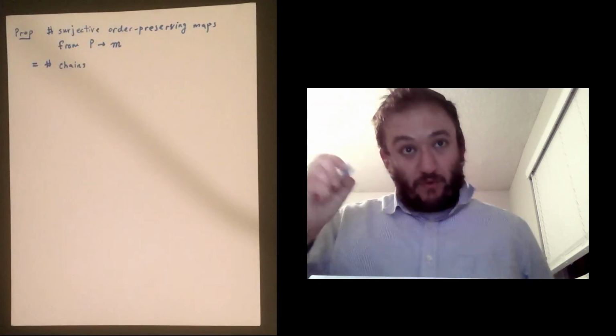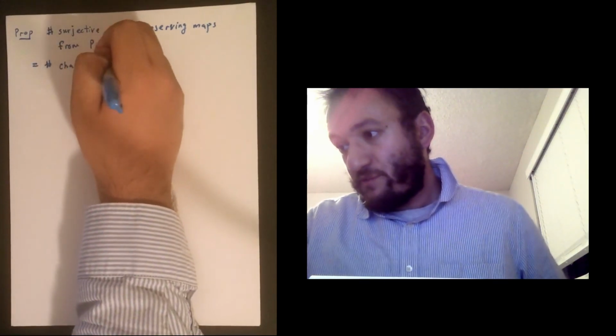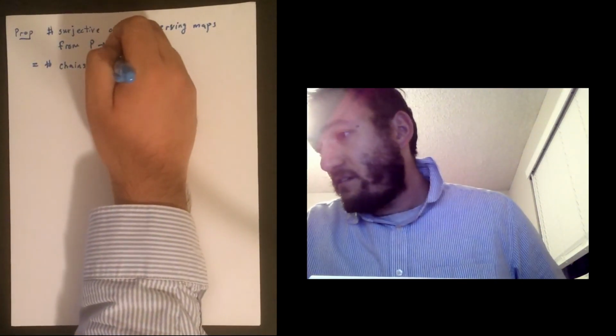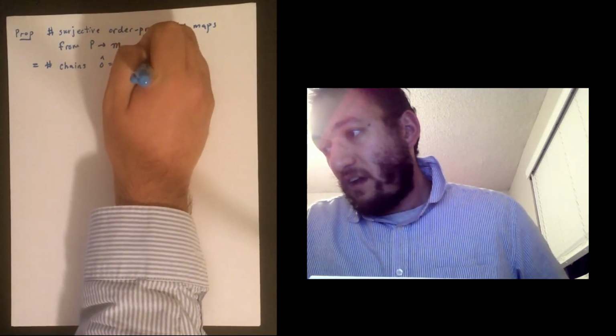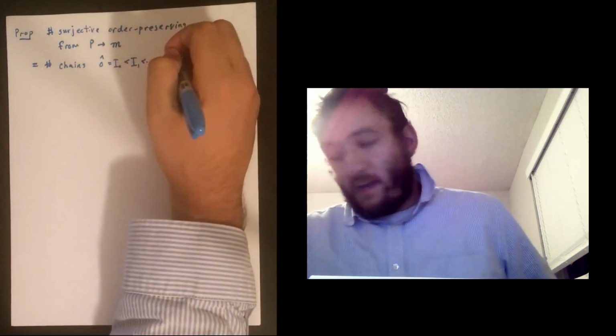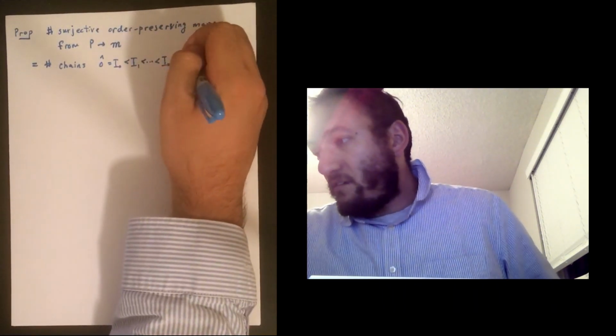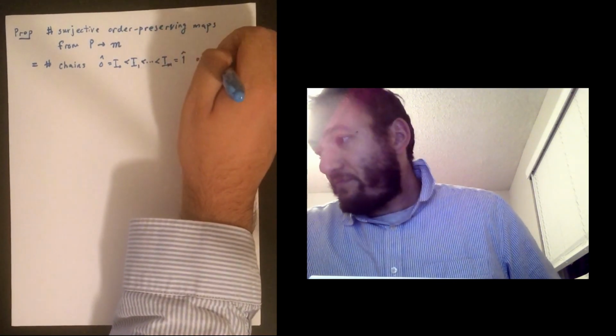So at every step you're strictly increasing, where you start with the empty ideal and you go strictly up the chain to IM, which is the full ideal of length m.